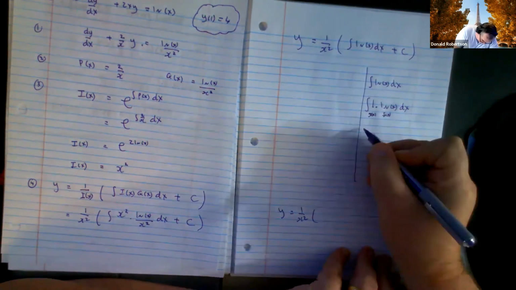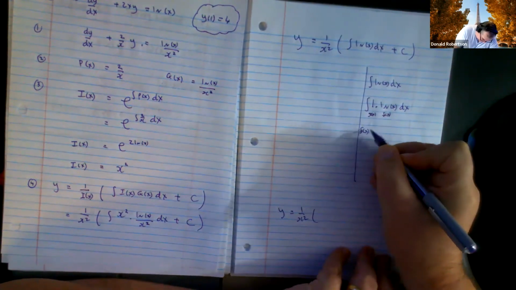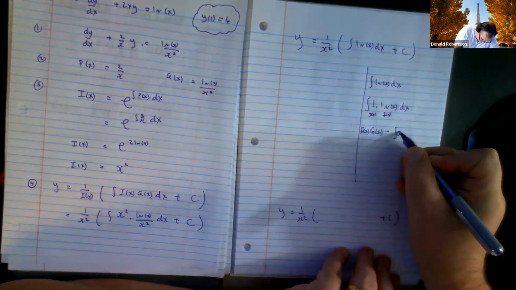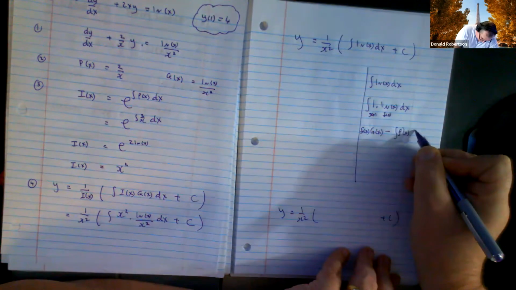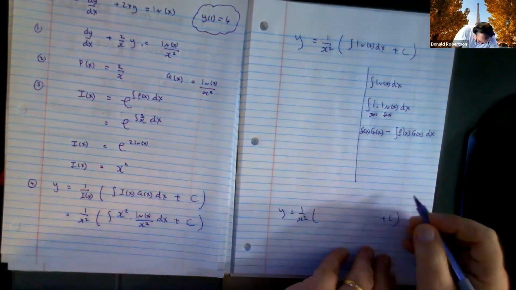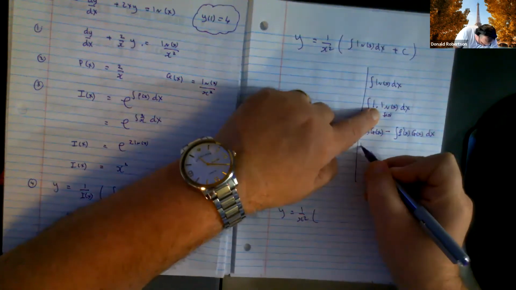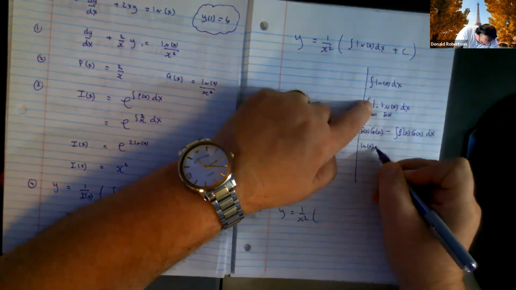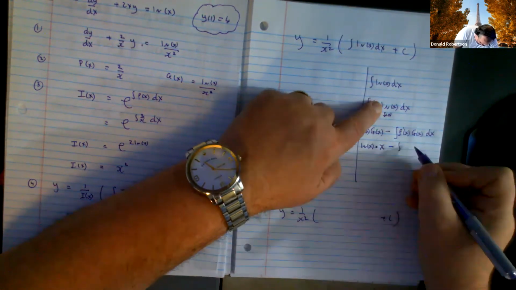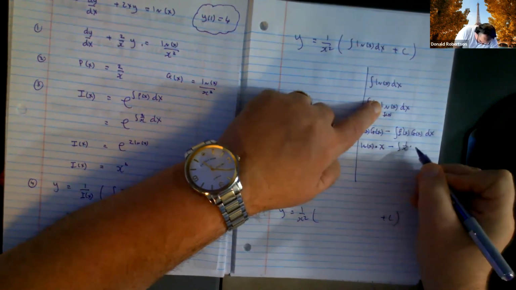And so it's f of x, capital G of x, take away the integral of f dashed x, capital G of x, dx. So we have log x times the integral of 1, which is x. Take away the derivative of log x times the integral of 1.